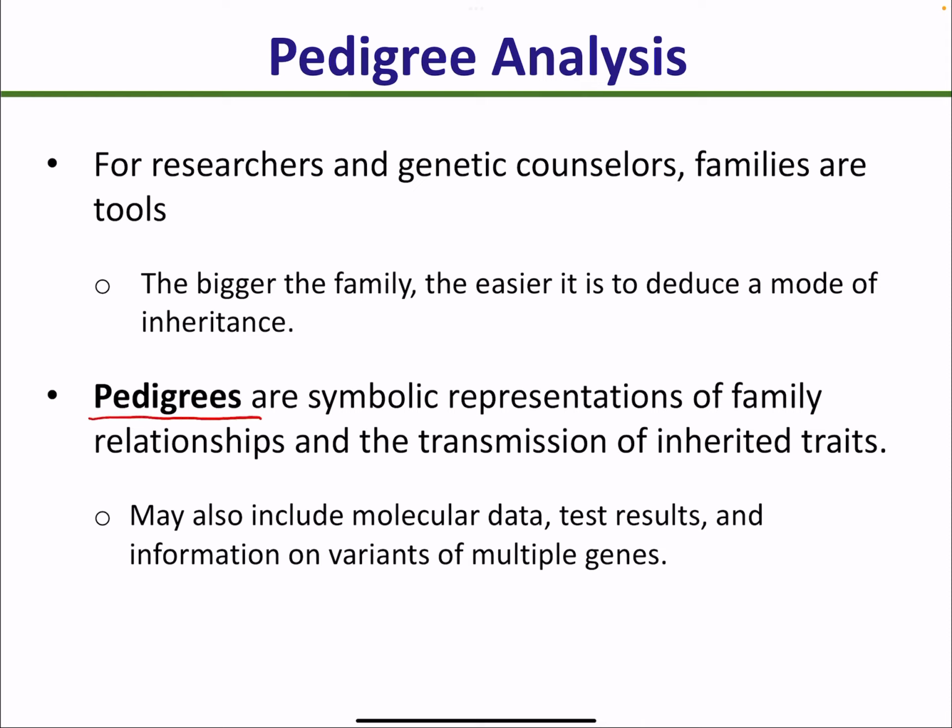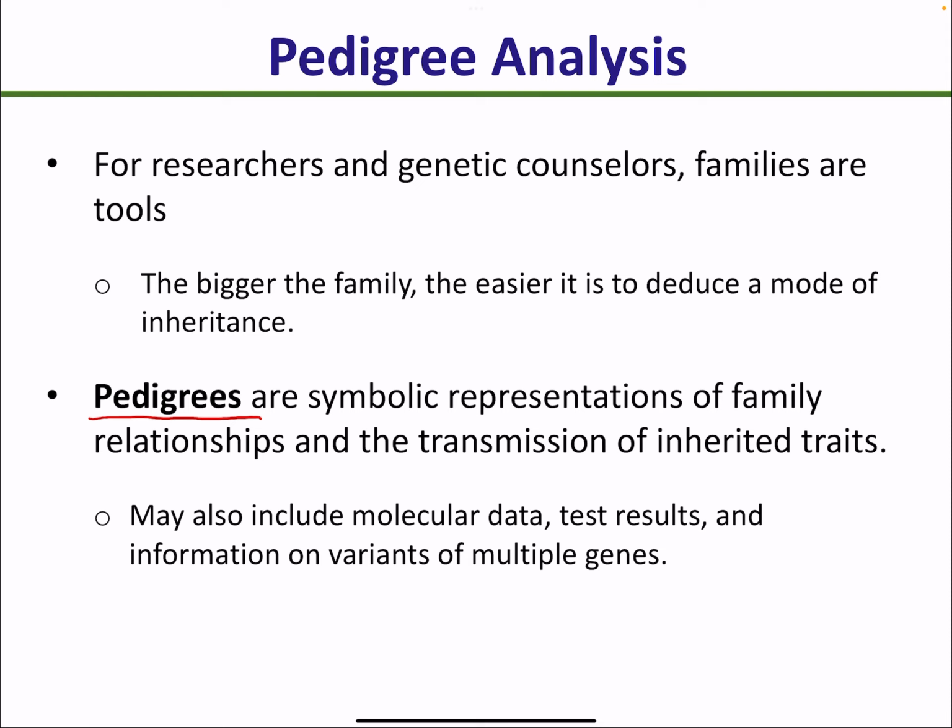So pedigrees are going to be made up of a number of symbols. These symbols are going to show relationship. Not only that relationship, but also who had a trait, who was homozygous, who was heterozygous, who was recessive, who was dominant, right?